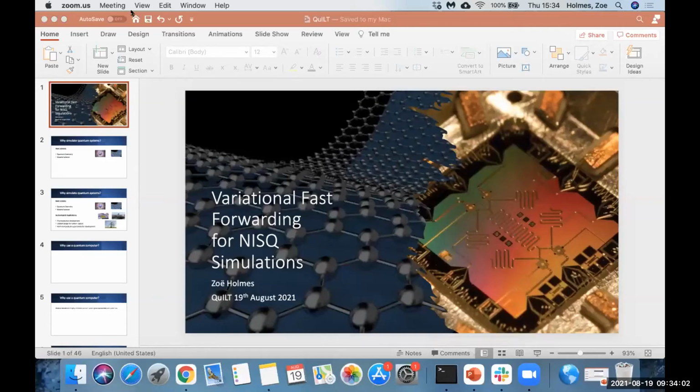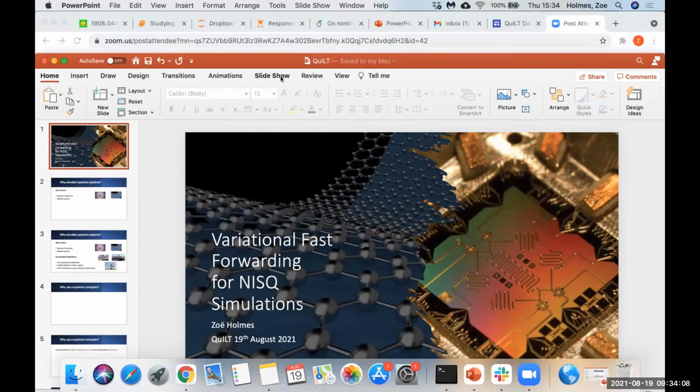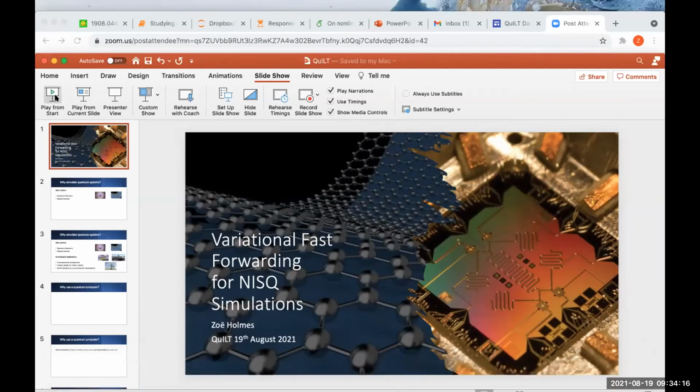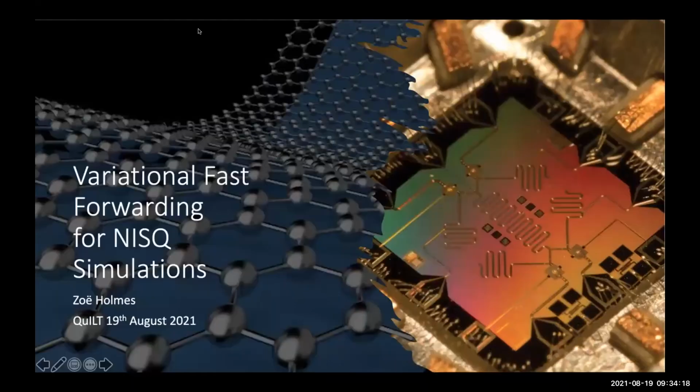Our next speaker, I believe, is Zoe. Is that right? Yes, okay, good. Zoe Holmes is currently a postdoc at Los Alamos, and she will move to start a professor position at EPFL in Switzerland, I think fall 2022, if I'm not mistaken.